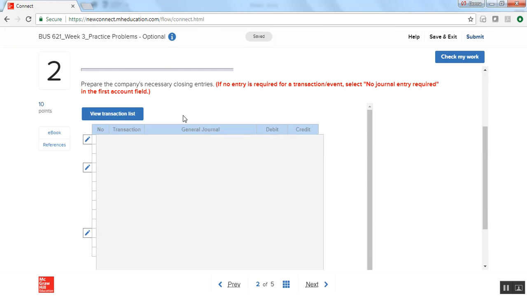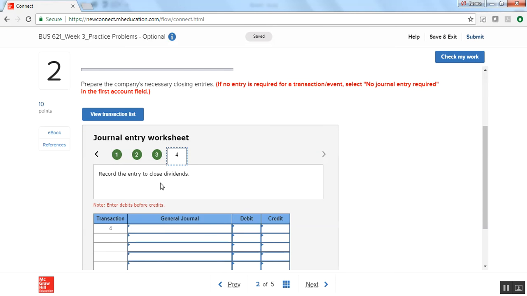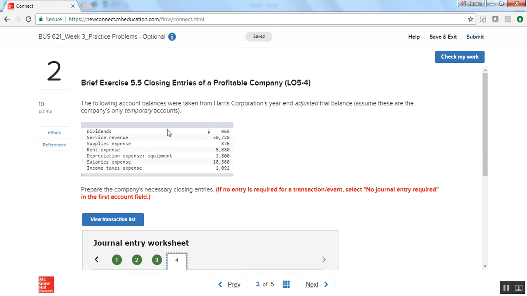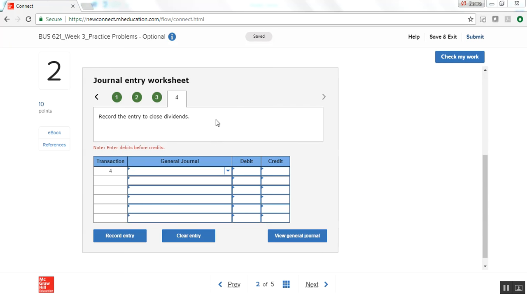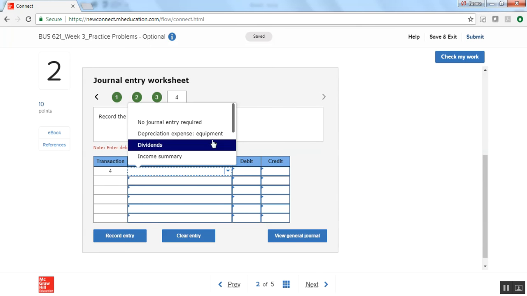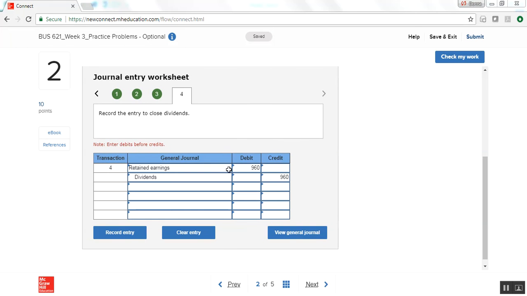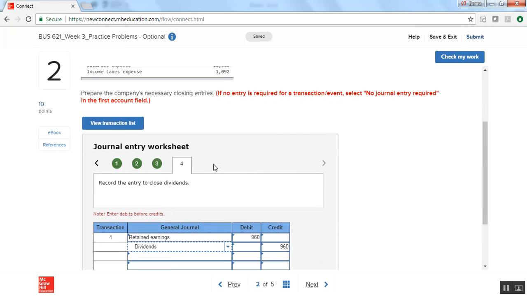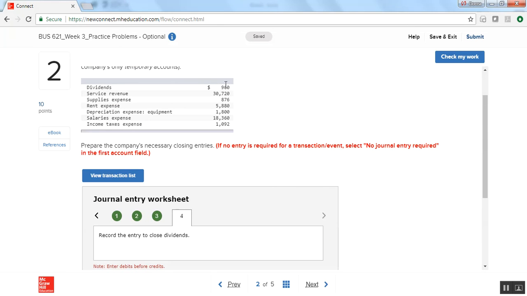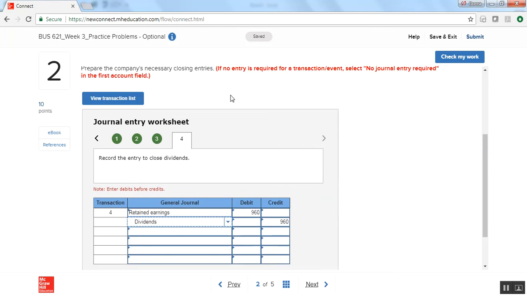And now we're going to go to the final entry, which is to close the dividend accounts. For dividends, we need to close out that account, and dividends are a normal debit balance because they reduce equity.